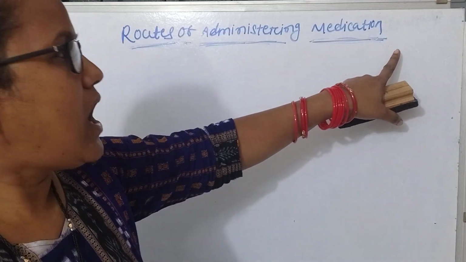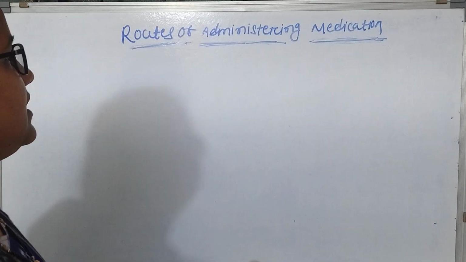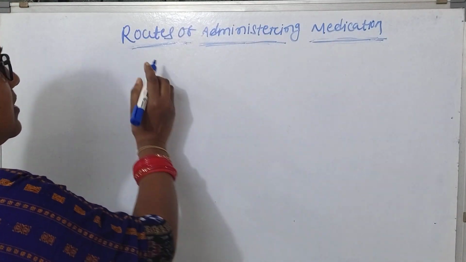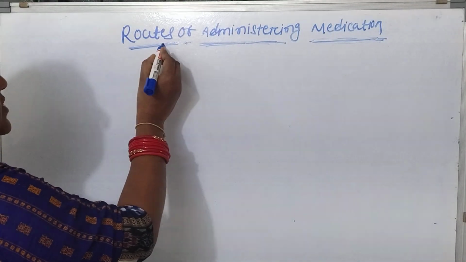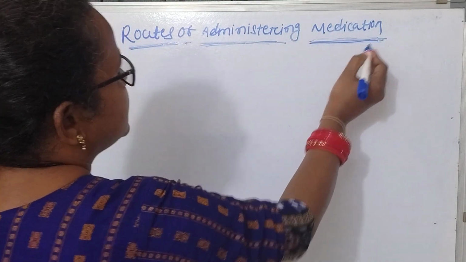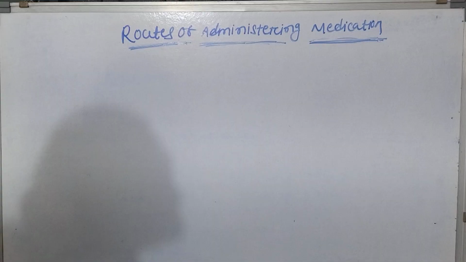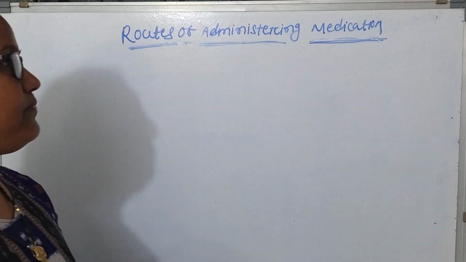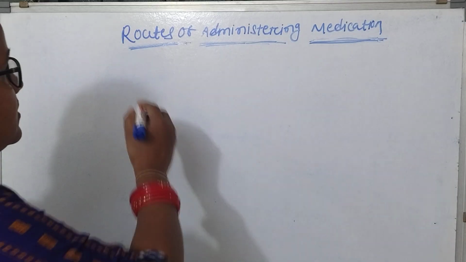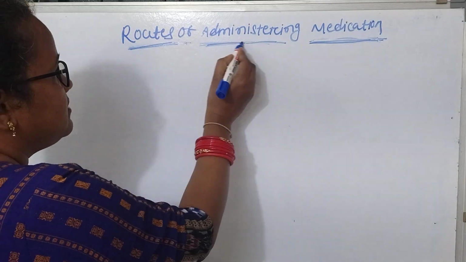So how should we give that medication, in which routes should we give that medication to the patient in a hospital setting or in a community setting? That is the routes of administering medication.